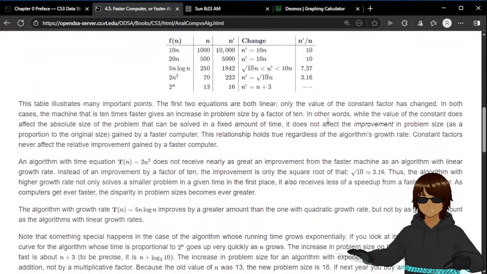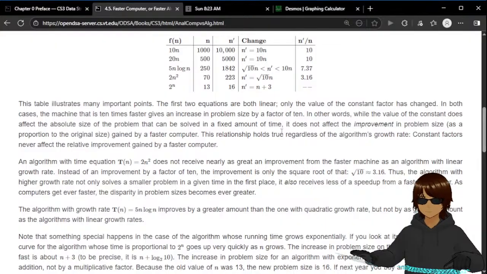Okay, now I understand. In both cases, the machine that is 10 times faster gives an increase in problem size by a factor of 10. In other words, while the value of the constant does affect the absolute size of the problem that can be solved in a fixed amount of time, it does not affect the improvement in problem size gained by a faster computer.